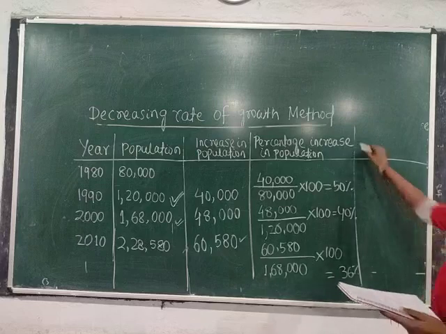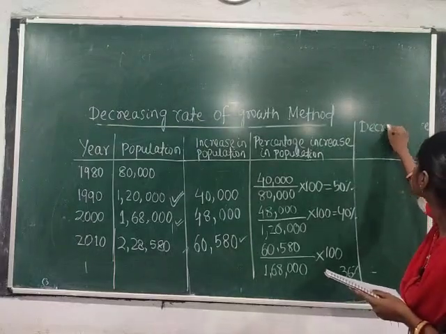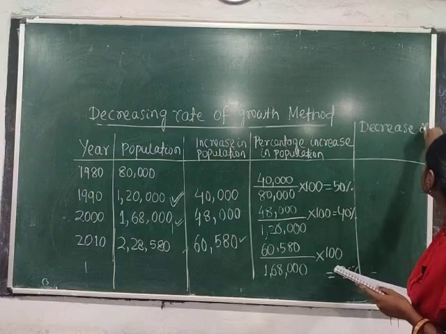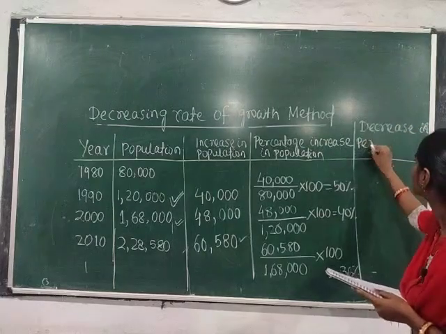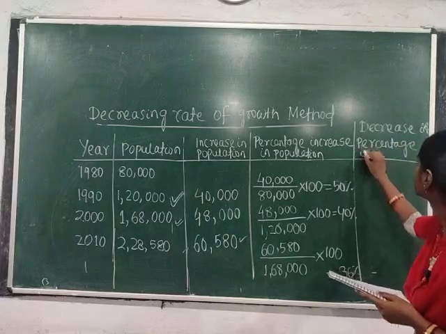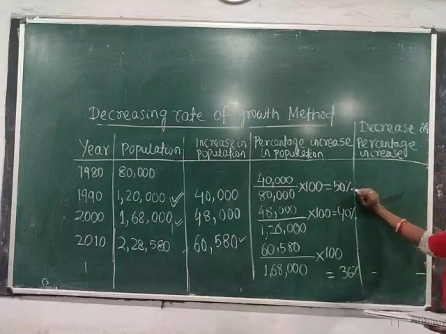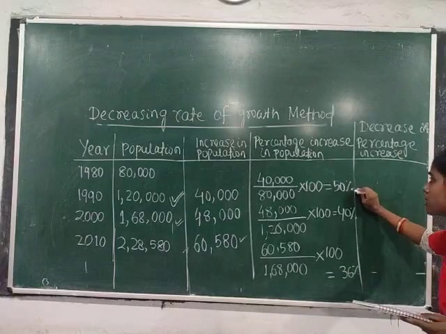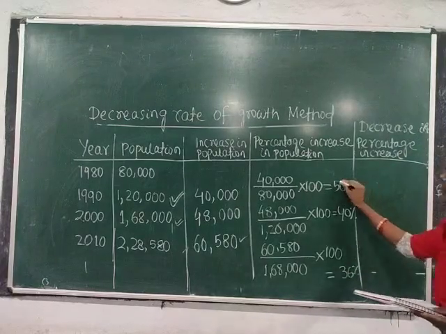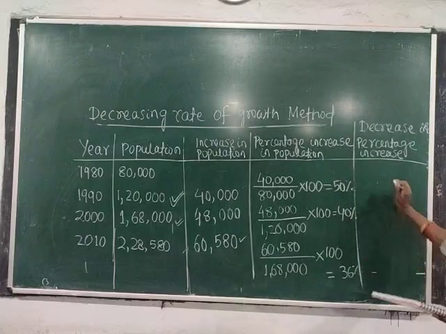Then in the next column we will find the decrease in percentage increase. See, in the first decade the percentage increase was 50%. In the next decade it was 40%. In the next, it was 36%.